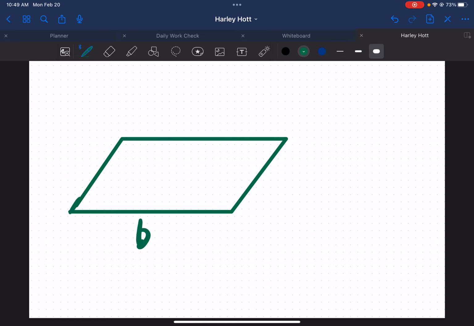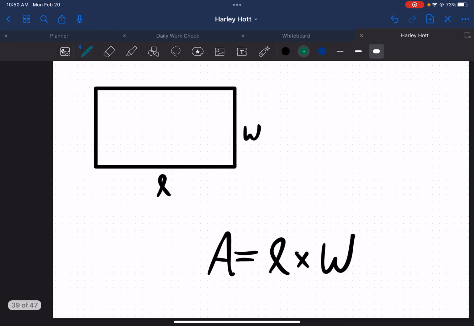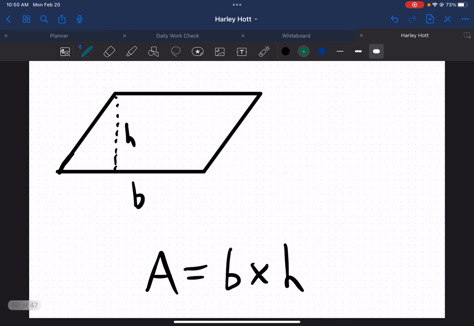This distance along the bottom is B. This distance going from here up to here is called H, and the area is equal to B times H. Sorry about that.